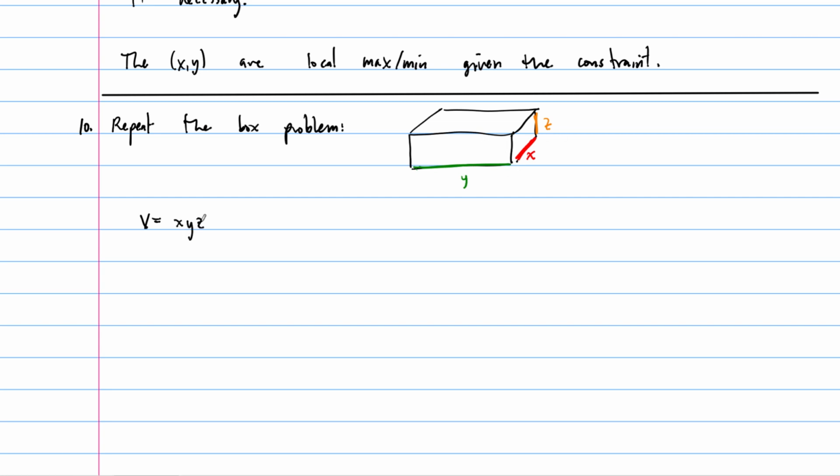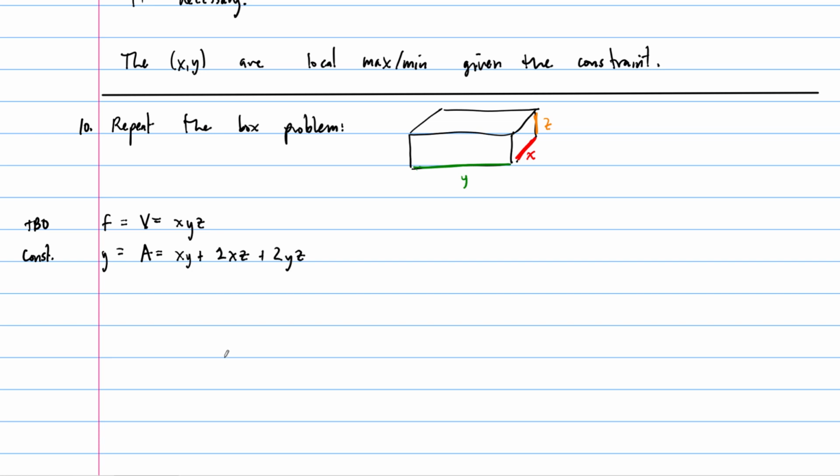Our volume function is x times y times z. That is the function to be optimized, so that's going to play the role of our f, and this is our constraint, so that'll play the role of our g. Our area function, remember, was x times y plus 2x times z plus 2y times z.